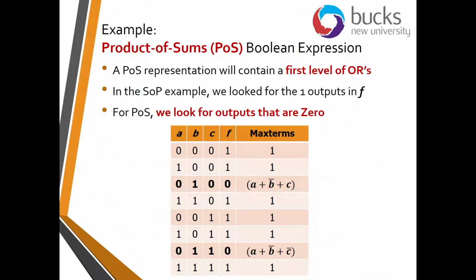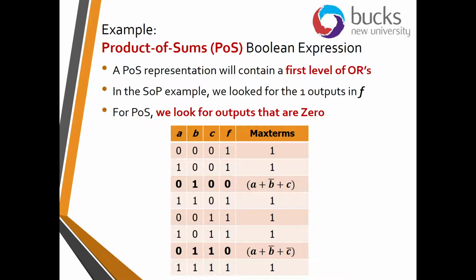So here's an example for product of sums, a Boolean expression developed for that. A product of sums representation will contain a first level of ORs, and in the sum of products example, we look for 1 outputs in F, but for POS, for products of sums, we look for outputs that are 0. So you build your circuit based on whether you're looking for 1s or 0s.